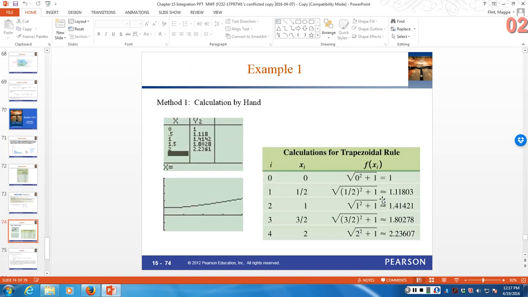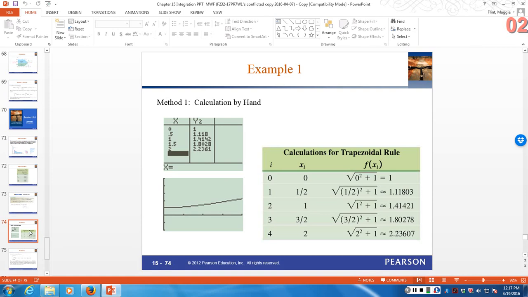So this is how we're going to wind up. Calculation by hand says you let the first value be 0, so that your first trapezoid goes from 0 to 1.